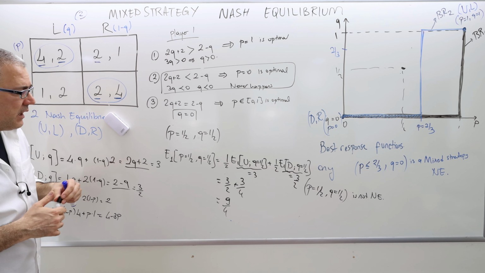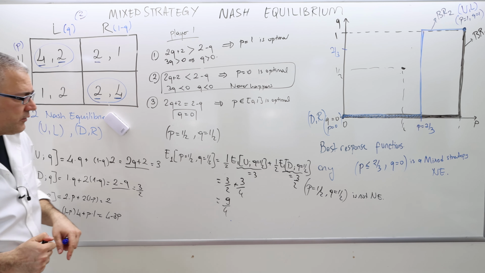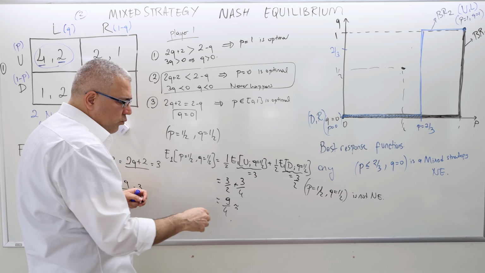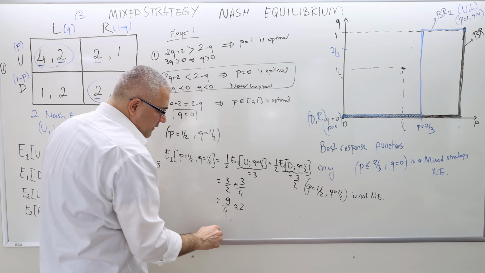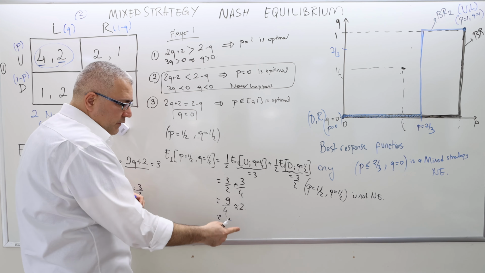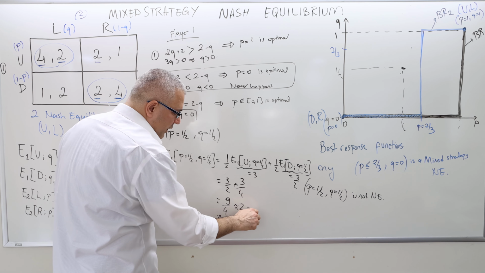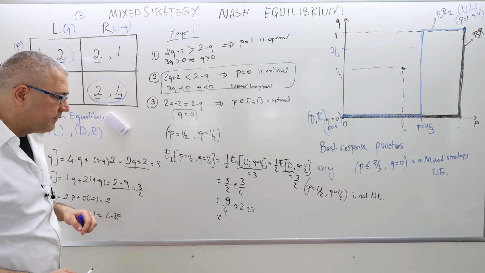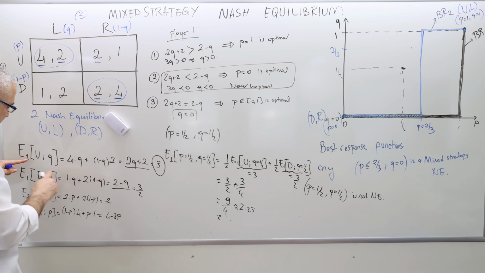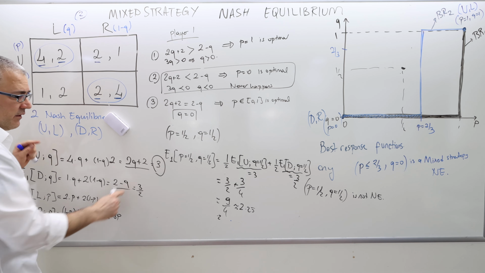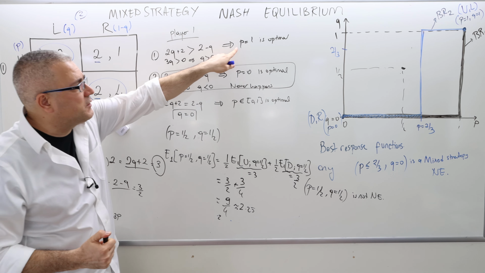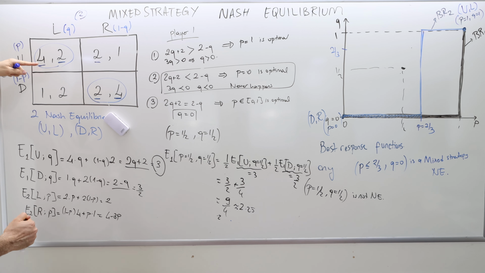Well, the question is, is this the best response? Well, by the way, 9 over 4 is, if it was 8 over 4, it would be 2, so it is 2.25, I believe. Yes. However, if he plays only U, he would have gotten 3. All right, so this is why his best response is P equals 1. I mean, play U for sure.